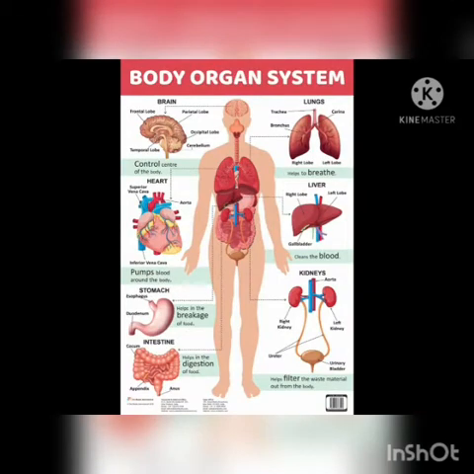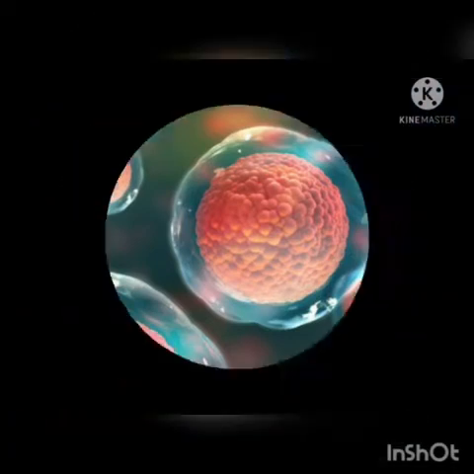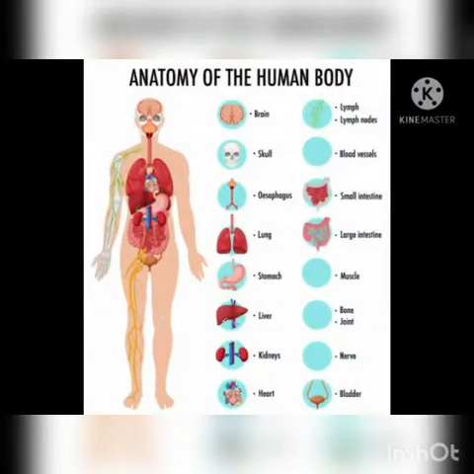Many organs join to form an organ system, and many organ systems together form an organism. So from simple to complex, this is how the human body is built.